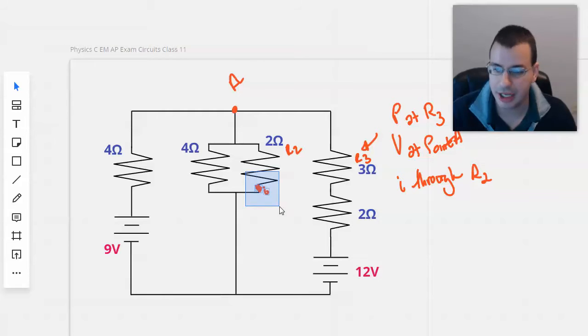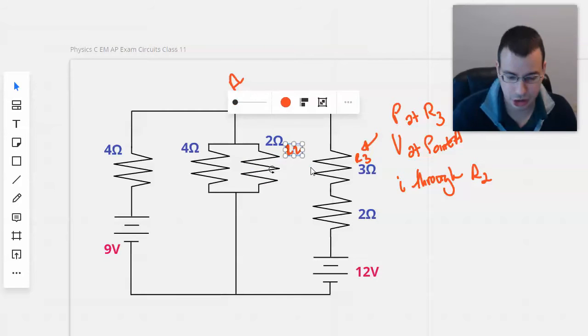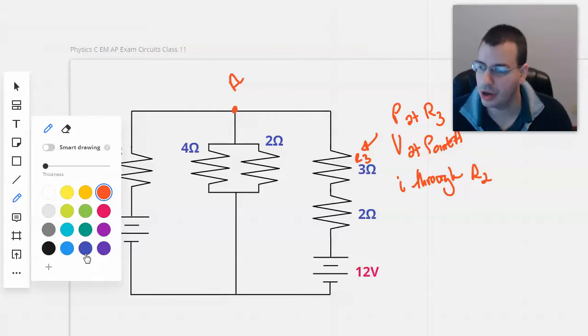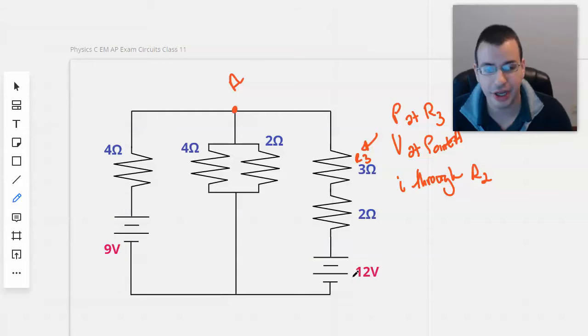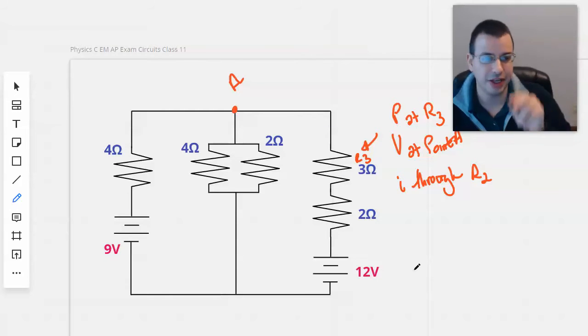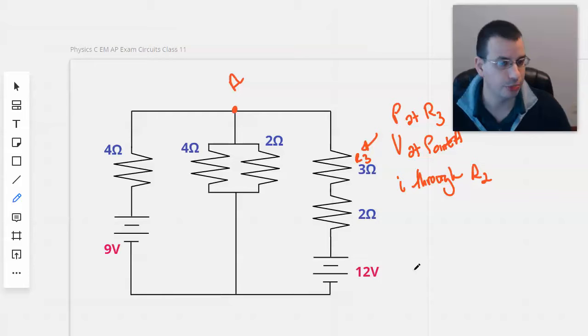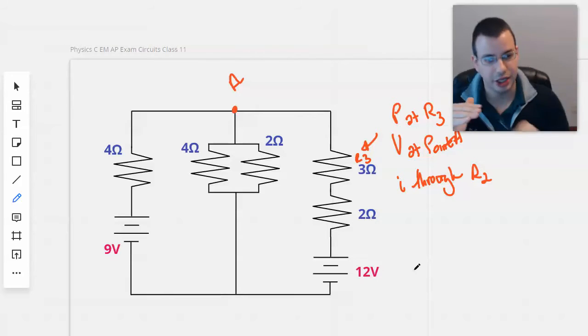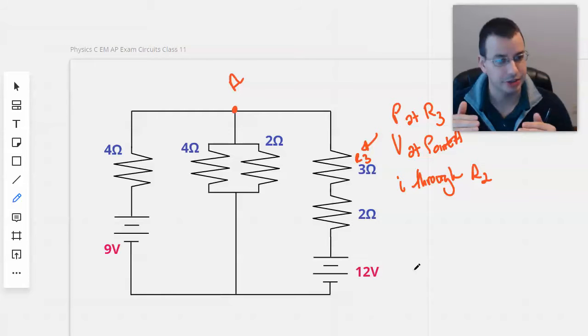So keeping that in mind, the way we start this one out is by doing loops using Kirchhoff's voltage law. As remembered before, the idea of Kirchhoff's voltage law is if you have any closed loop, and you start at the beginning and come back to the same place, then the voltages will sum to zero.